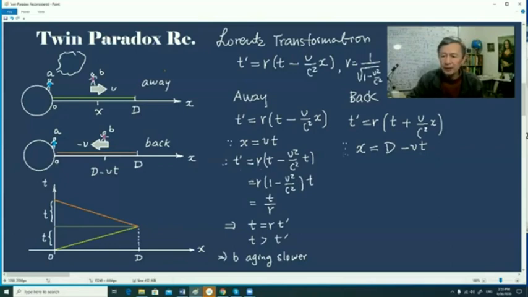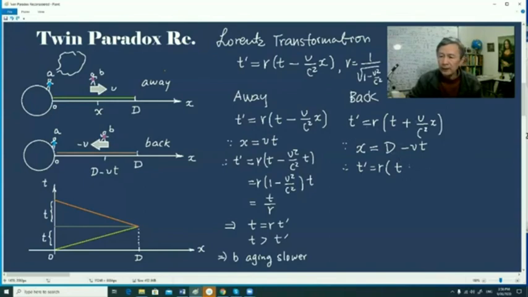If you substitute this equation into the previous one, we get t prime equal to gamma times, first the t. Now we have to replace x, so let's substitute x into this formula.